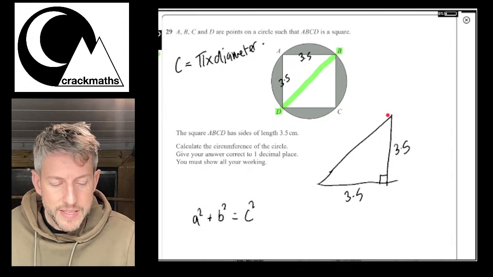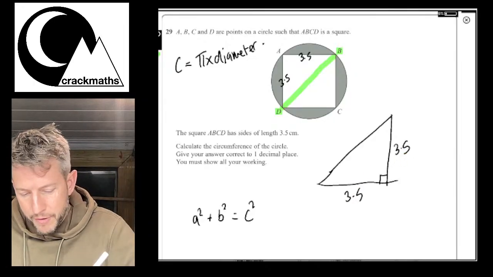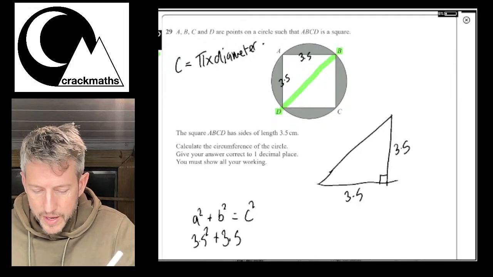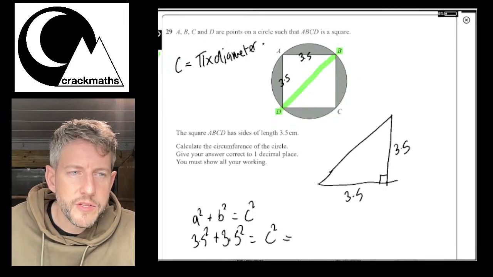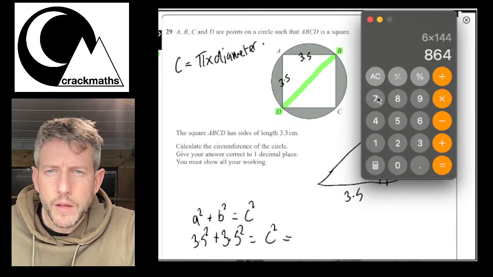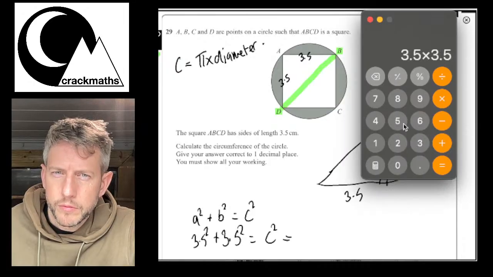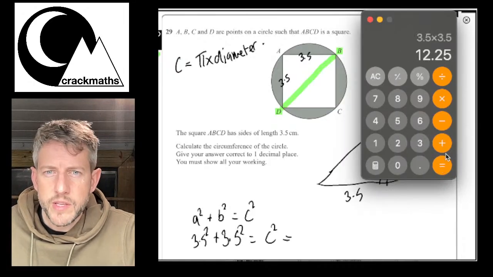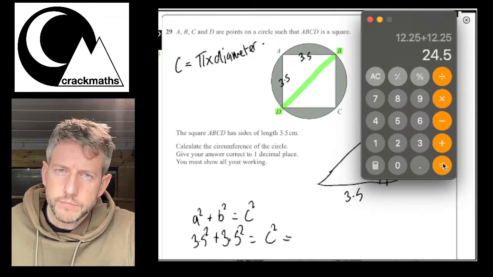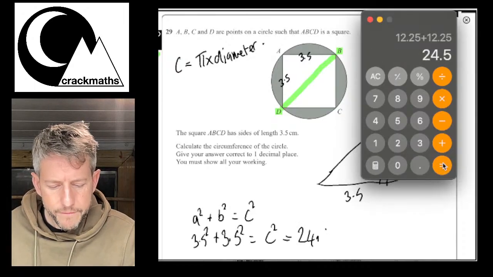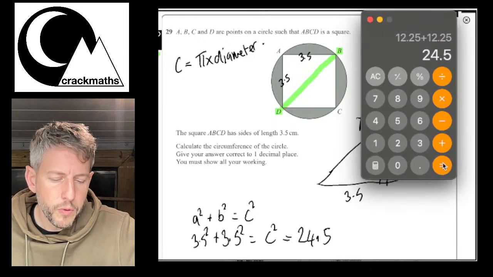So let's do 3.5 squared plus 3.5 squared equals c squared. 3.5 times 3.5 equals 12.25. So 12.25 plus 12.25 equals 24.5. So this length squared equals 24.5.